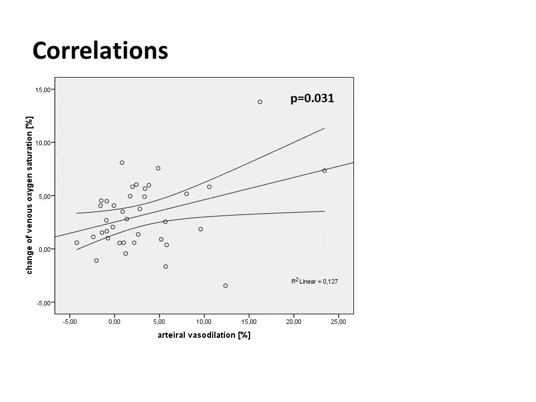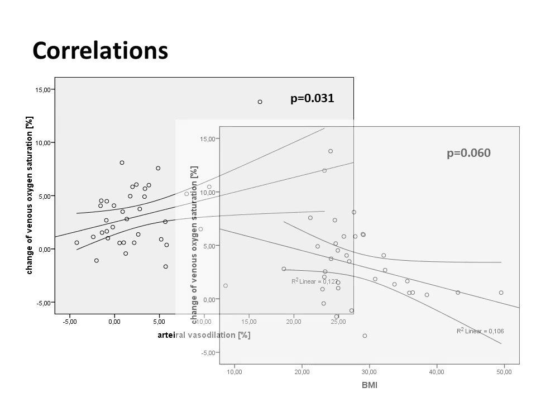We found a correlation between the arterial vasodilation and the venous oxygen saturation change. That means that subjects who still showed a good reaction of the arterial diameter to the flicker also showed a reasonable increase of the venous oxygen saturation, while the patients with a low reaction of diameter also showed a low change of venous oxygen saturation.